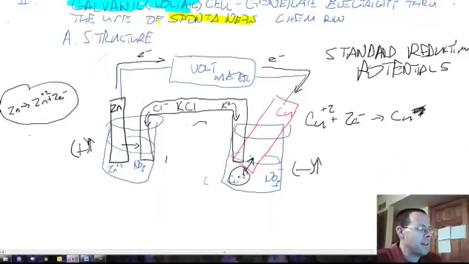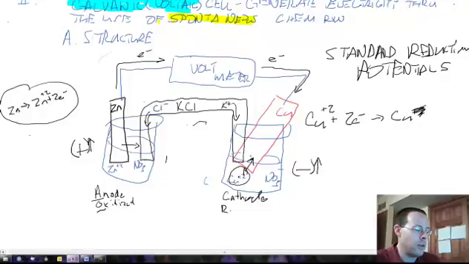A couple things about our cell. The side that's being oxidized, in this case our zinc side, is known as the anode. The easy way to think about that: anode and oxidized both start with vowels. Whatever's being oxidized is the anode. Our copper happens to be the cathode. What happens at the cathode?